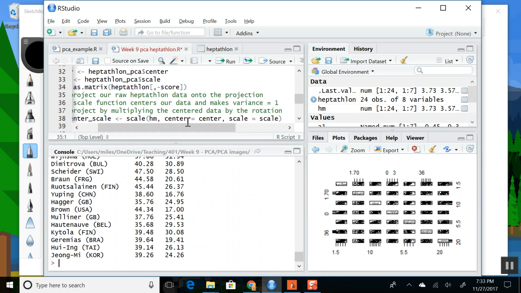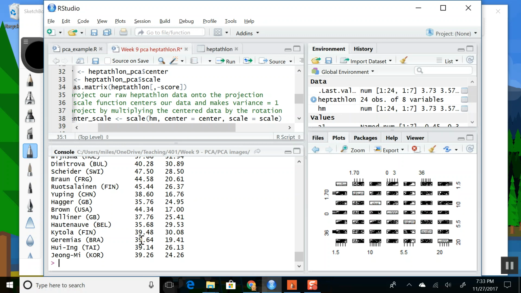Scaling our data centers it so everything has a mean of 0, and scales it so everything has a variance of 1. The reason we want to center and scale our data is that we're trying to maximize the variance, but we want to preserve the structure.